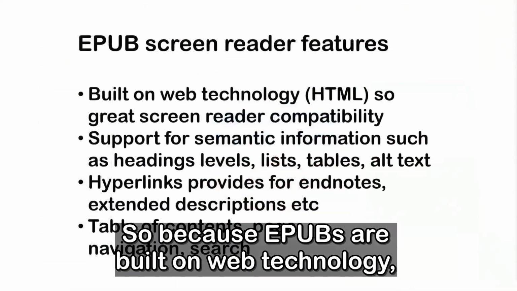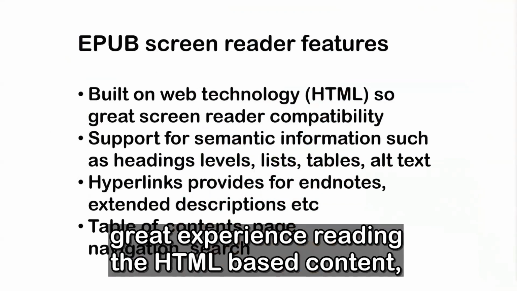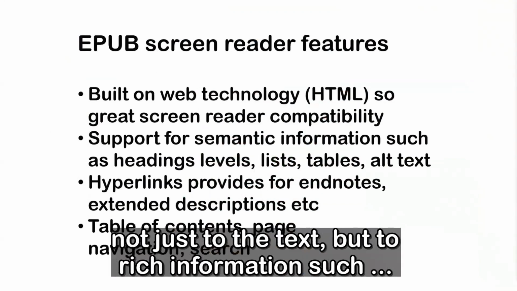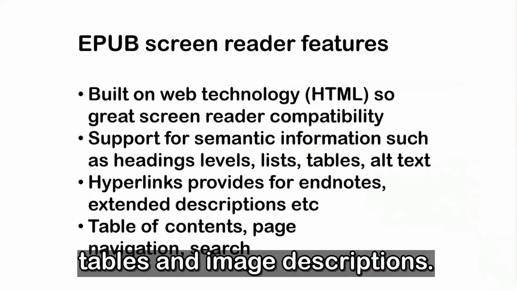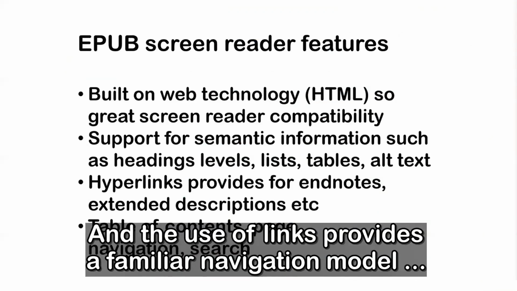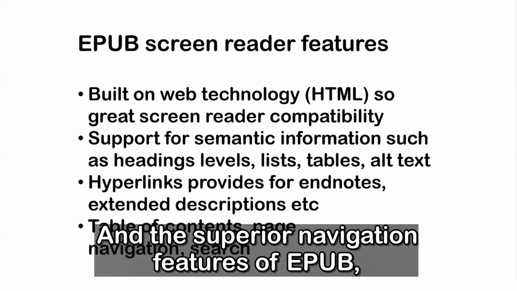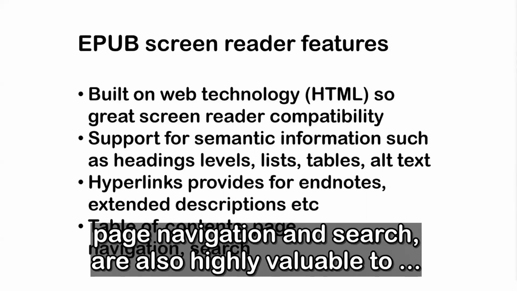So because EPUBs are built on web technology, the compatibility with screen readers means there's a great experience reading the HTML-based content, not just to the text, but to rich information such as headings, lists, tables, and image descriptions. And the use of links provides a familiar navigation model for endnotes and other features. And the superior navigation features of EPUB, including the table of contents, page navigation, and search, are also highly valuable to screen reader users.